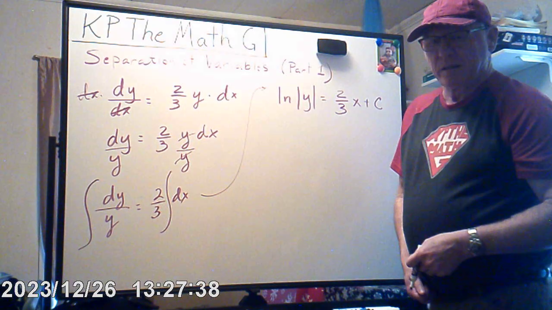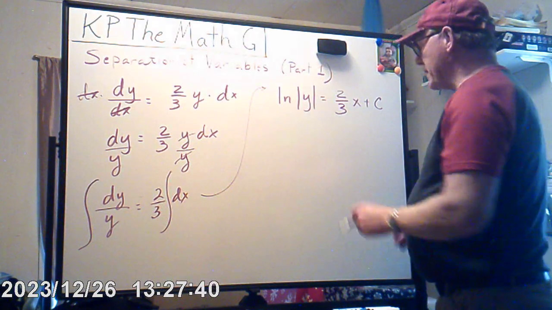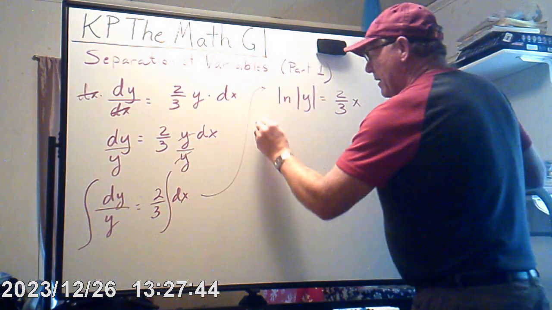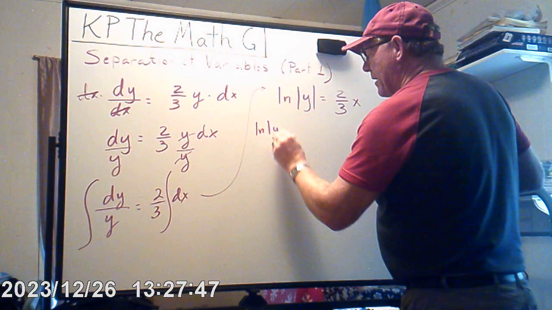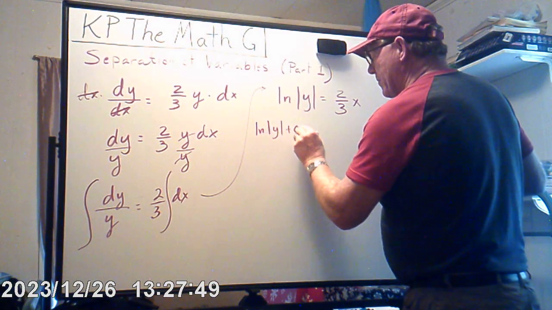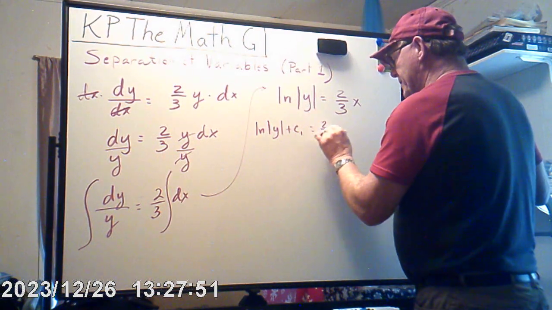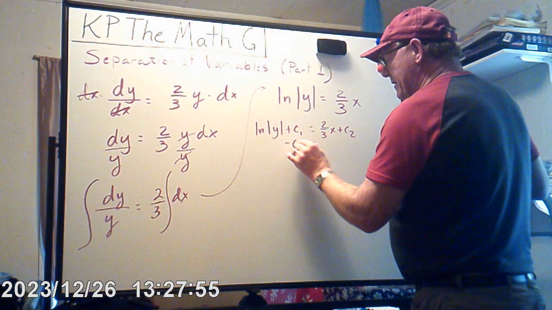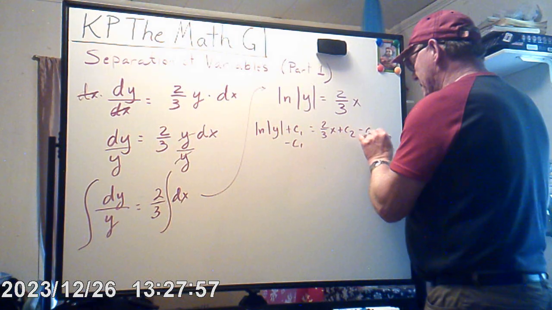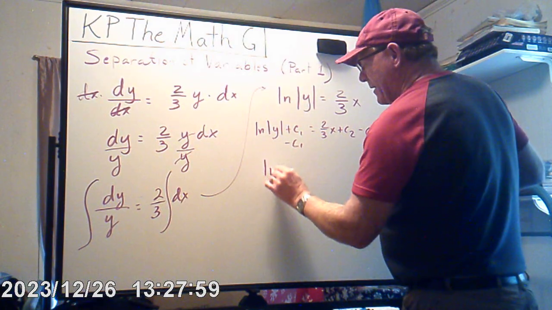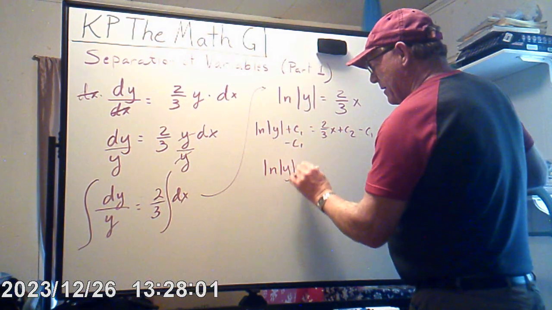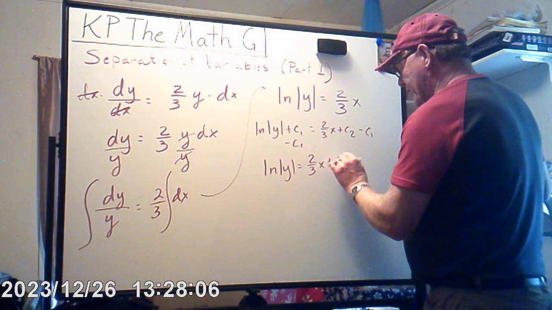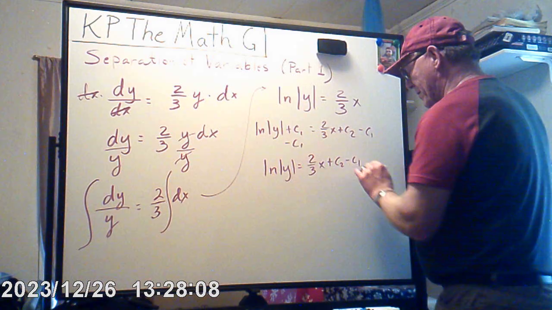In other words, what we could have done was, we got ln of y plus c1 is equal to 2/3 x plus c2, and then subtracted c1 on both sides, and then we would have had ln of y is equal to 2/3 x plus c2 minus c1.